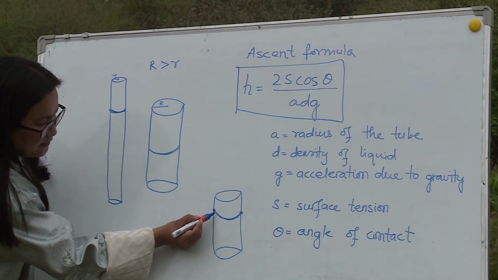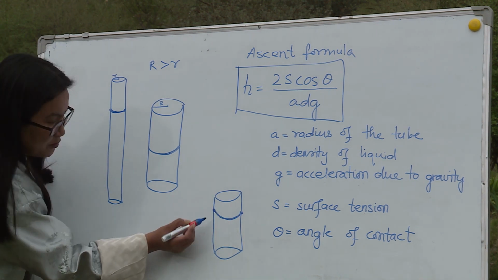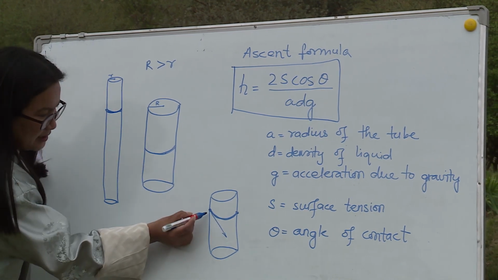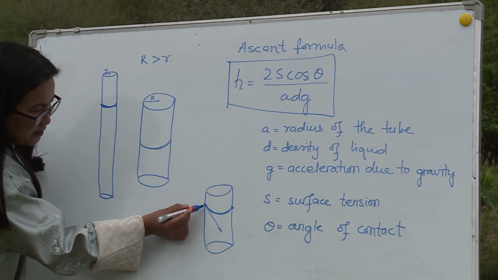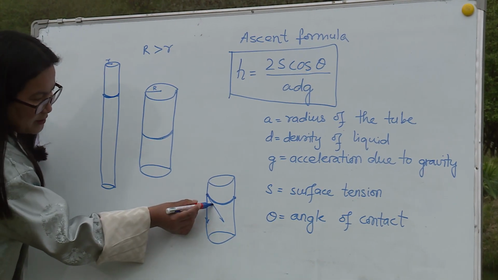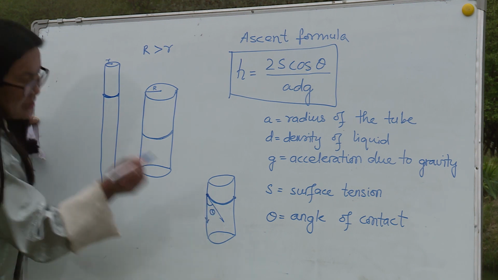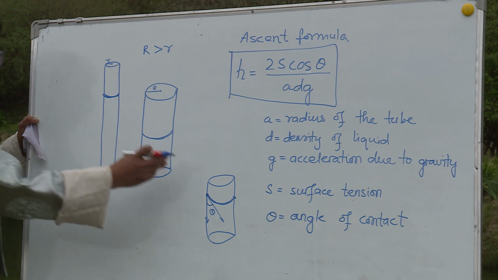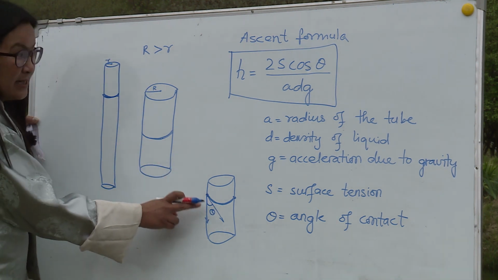To the liquid surface, the liquid meniscus, you draw a tangent inside the liquid. And on the solid surface, from the point of contact, you draw another tangent. The angle between these two tangents is called the angle of contact. The angle of contact for a given pair of solid and liquid is always the same. So for this glass and liquid, the angle of contact is theta.